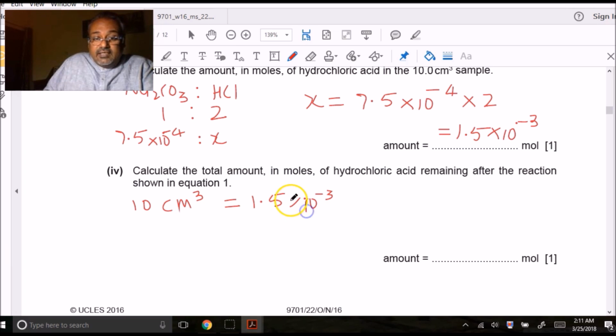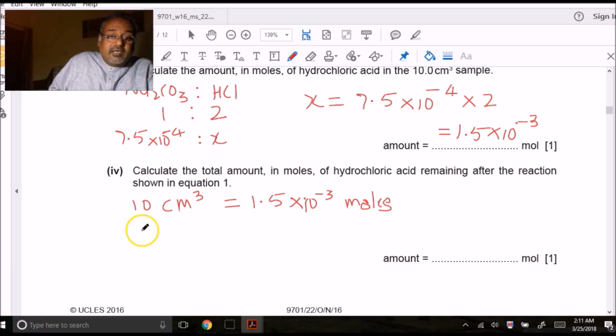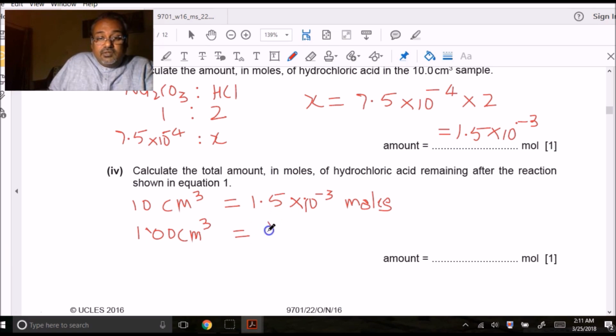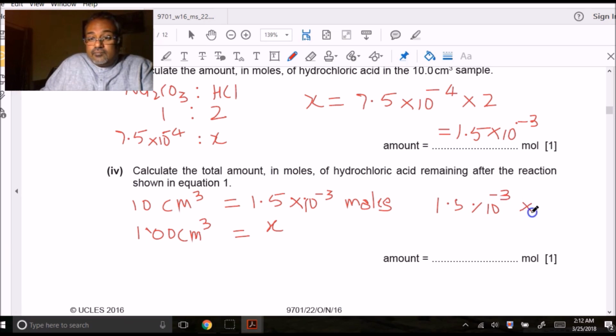So that's the amount of acid present in 10 cm3. Now, how can you use that information to figure out how much acid was present in 100 cm3? You could put an x and cross multiply, or you could just understand that it's the previous answer times 10.